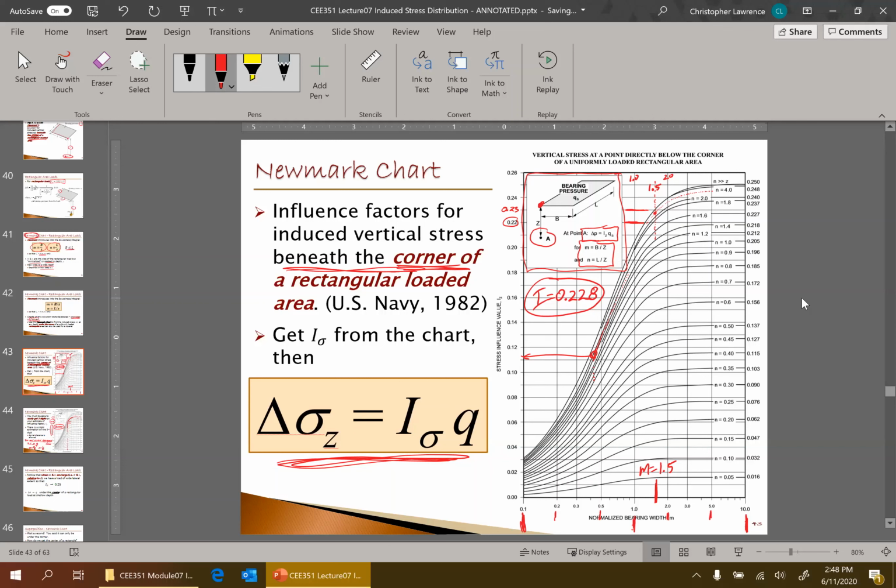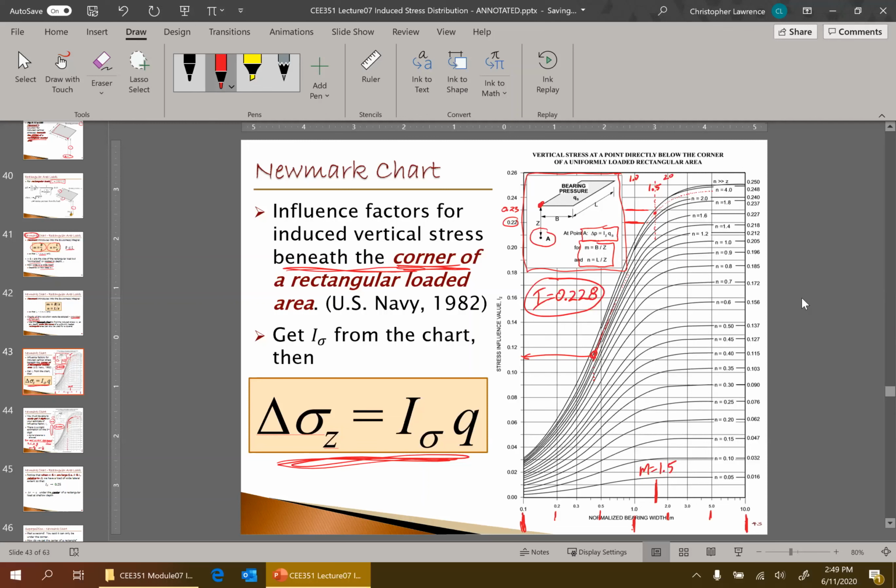So being off in that third digit is probably okay, but being off in the first two decimal places is not okay. That means you've read the chart incorrectly, okay? All right, so that's the Newmark chart. This gives a graphical solution to that integral for the rectangle.